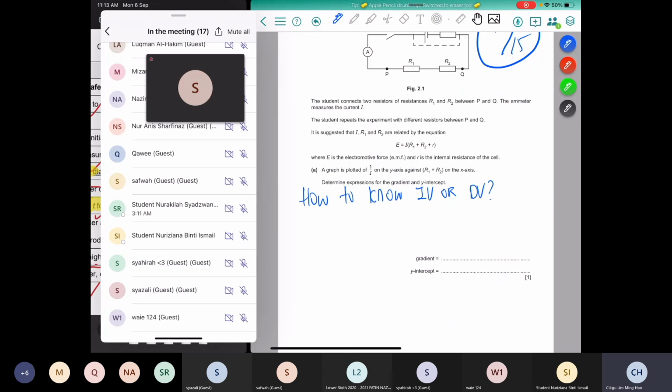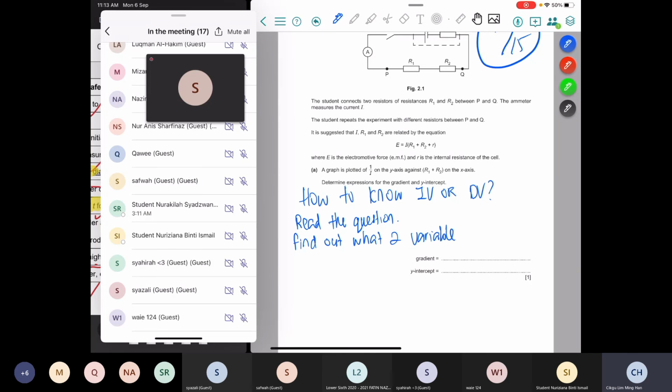You need to read the question. Read the question and find out what two variables they want to test.